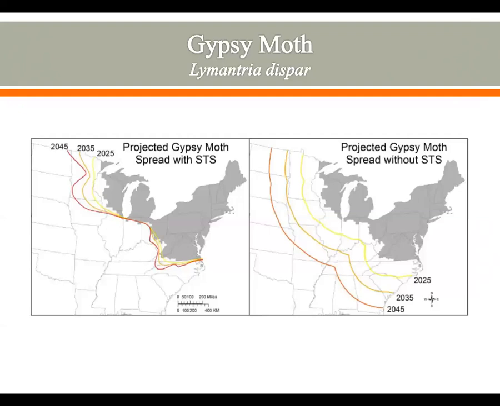Trapping is very labor intensive. The barrier bands around the tree are very labor intensive. It can be done, but it's mainly used for detection. Spinosad insecticide also has been very effective for us when we've done individual treatments on small areas. So those are what I would recommend.